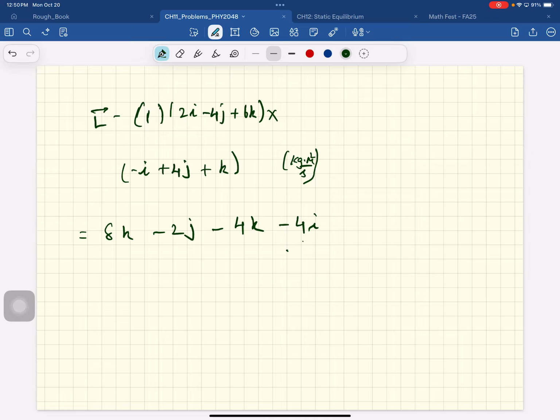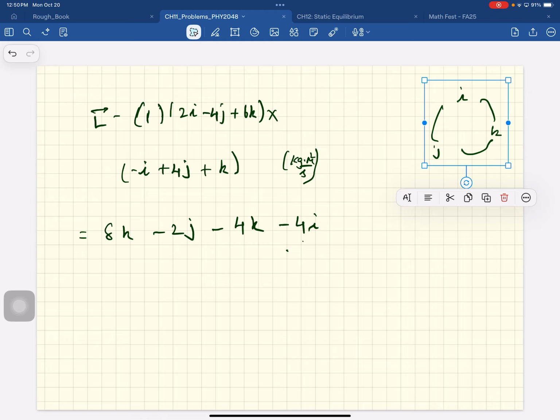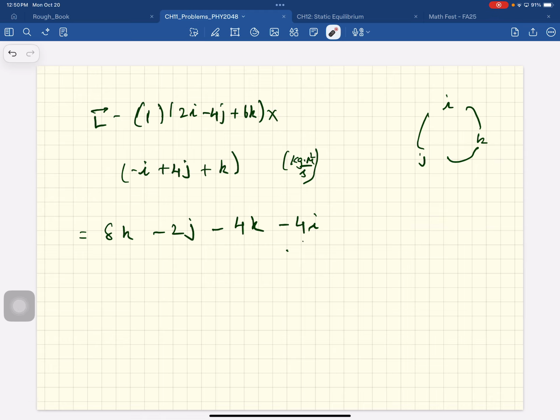And then the last one, k cross i, is j, and there was a minus sign, so minus 6j. k cross j is minus i, so that's minus 24i.